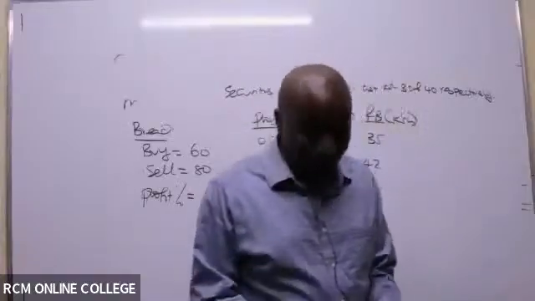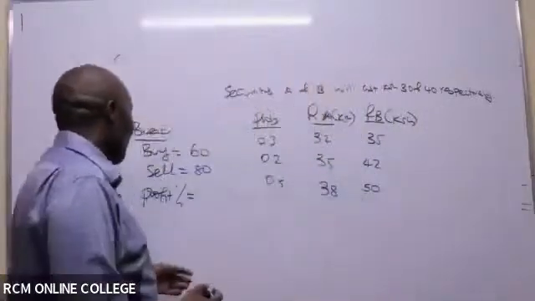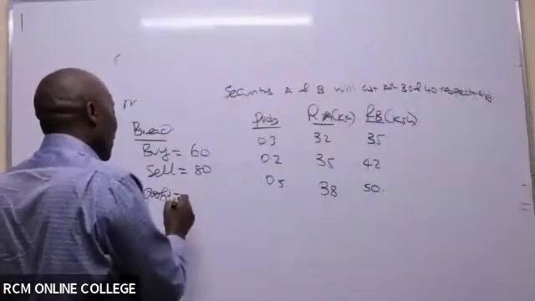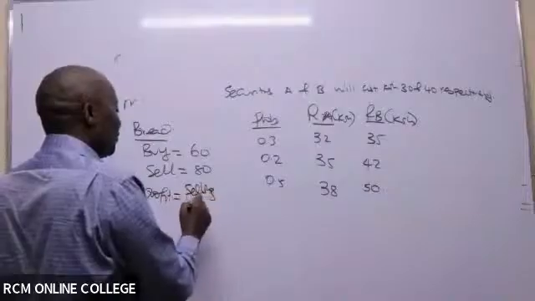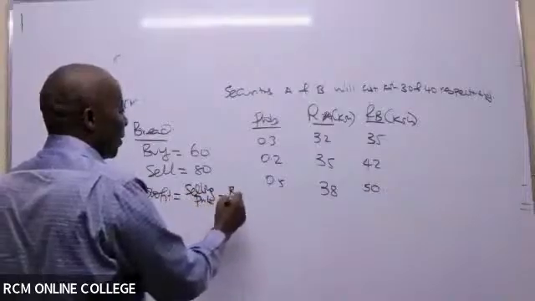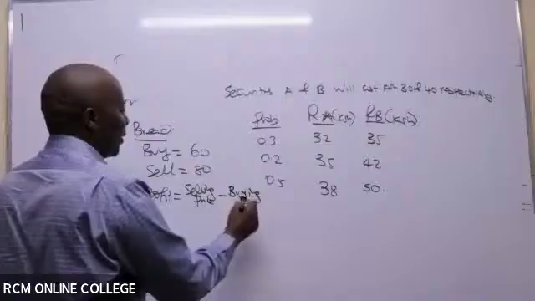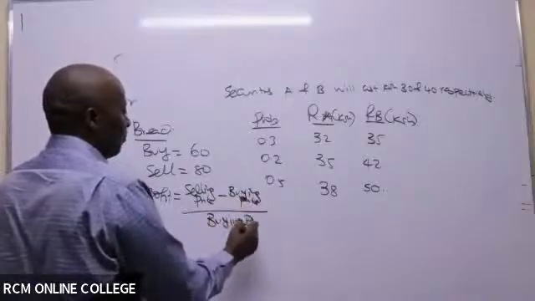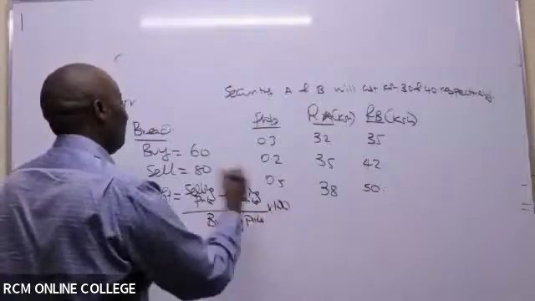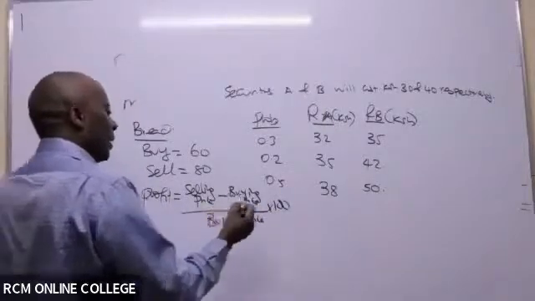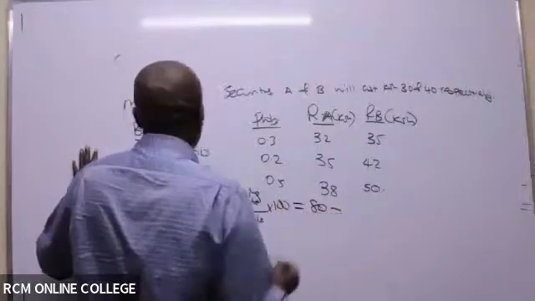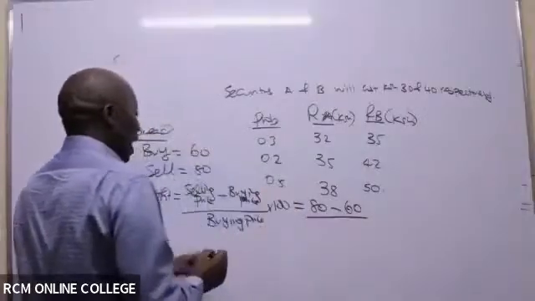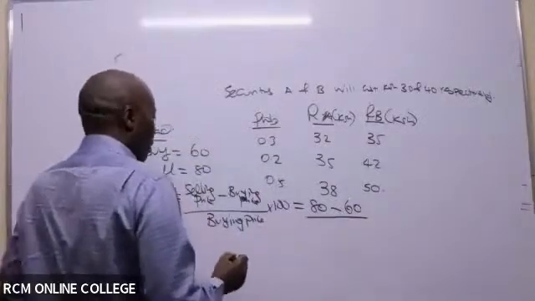All right. So, ladies and gentlemen, if they want us to give them percentage profit, of course, we shall take the selling price minus the buying price, all over our base, which should be the buying price, times 100. So selling price, here it is 80, minus our buying price, which is 60, divided by our original price, which is 60.